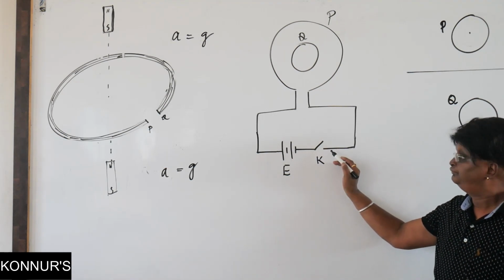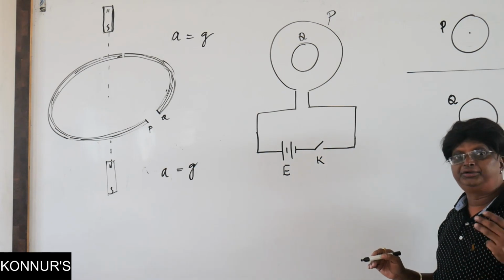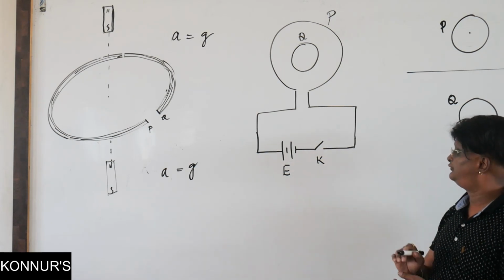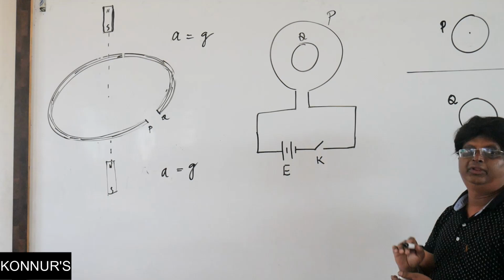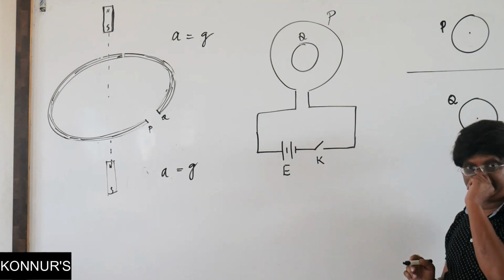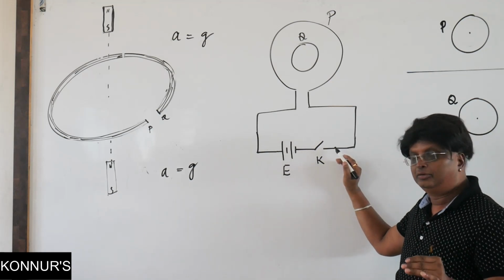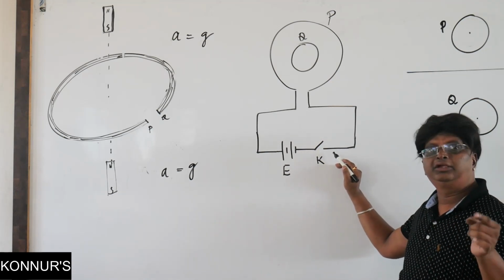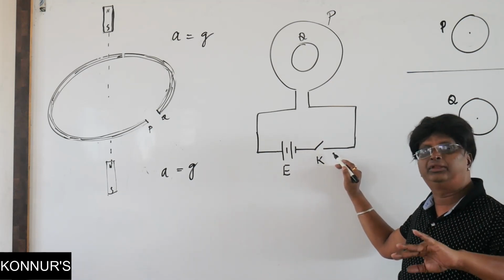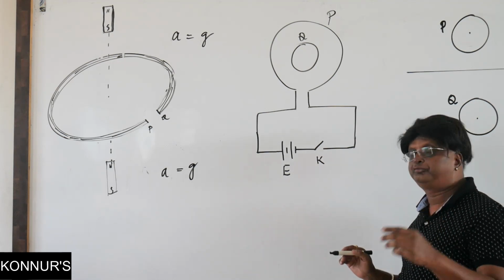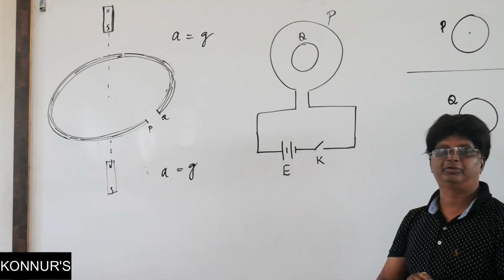Second, after a long time of closing the key, what will be the consequences in the circuit? And third, when the key is closed for a longer time and then it is opened, again what will be the possible consequences?